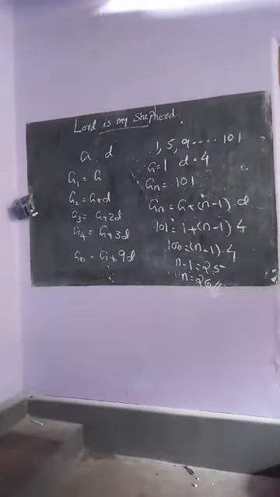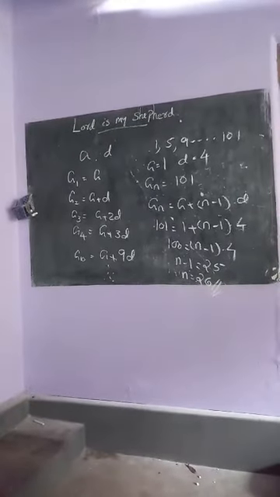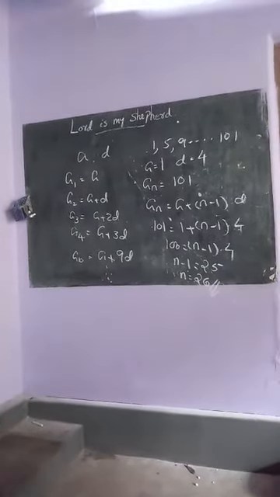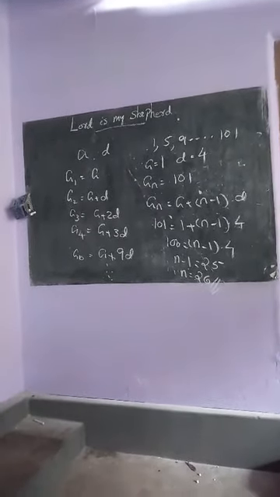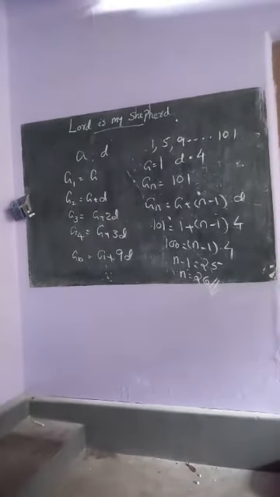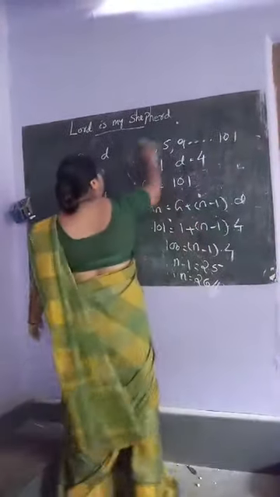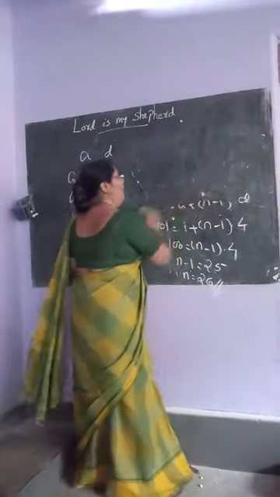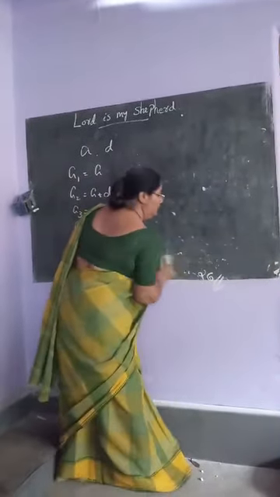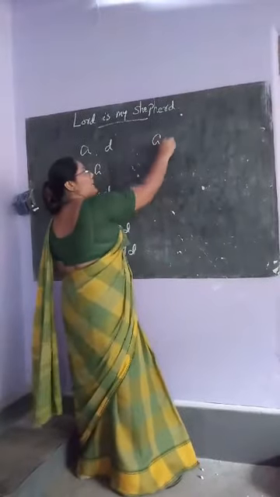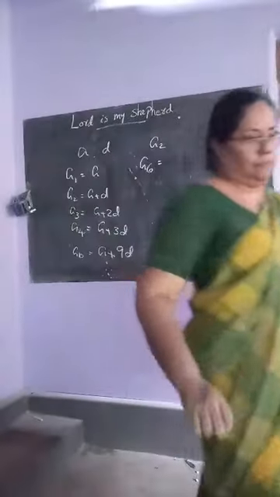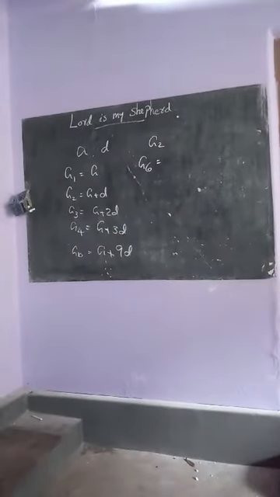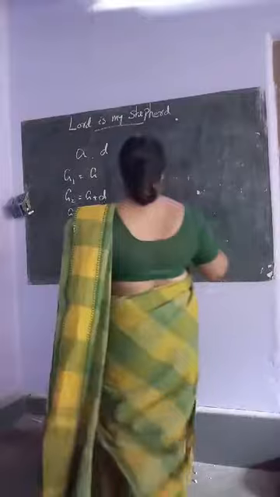The next type is, find the second term if the sixth term is 12 and eighth term is 22. Second term means A2.